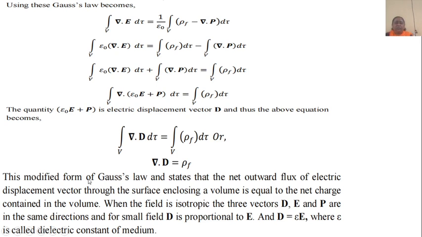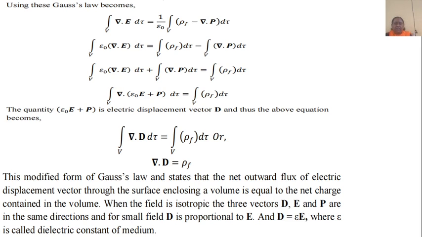This is the modified form of Gauss law and states that the net outward flux of the electric displacement vector through the surface enclosing a volume is equal to the net free charge contained in the volume.